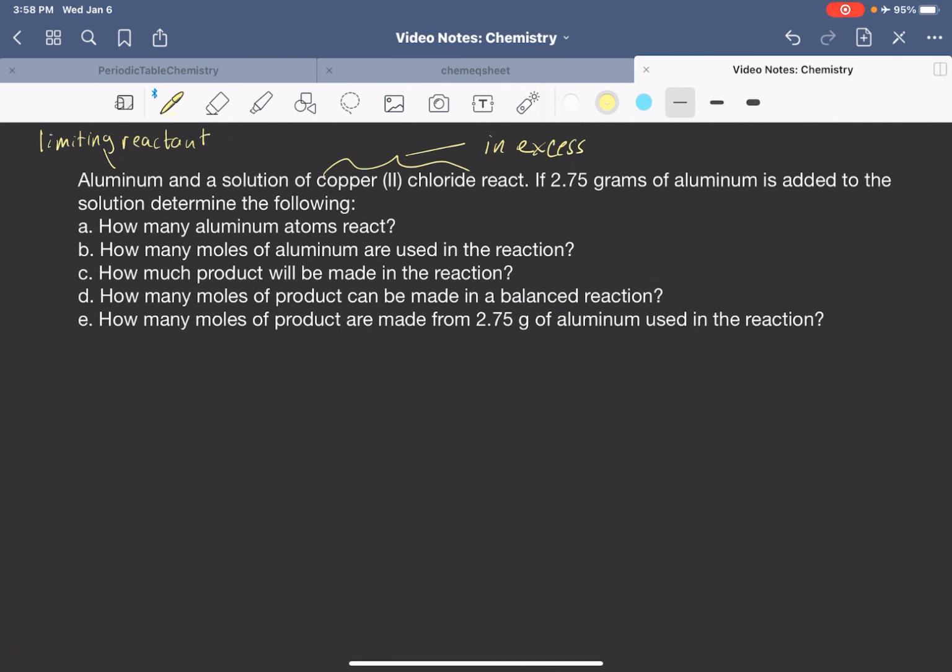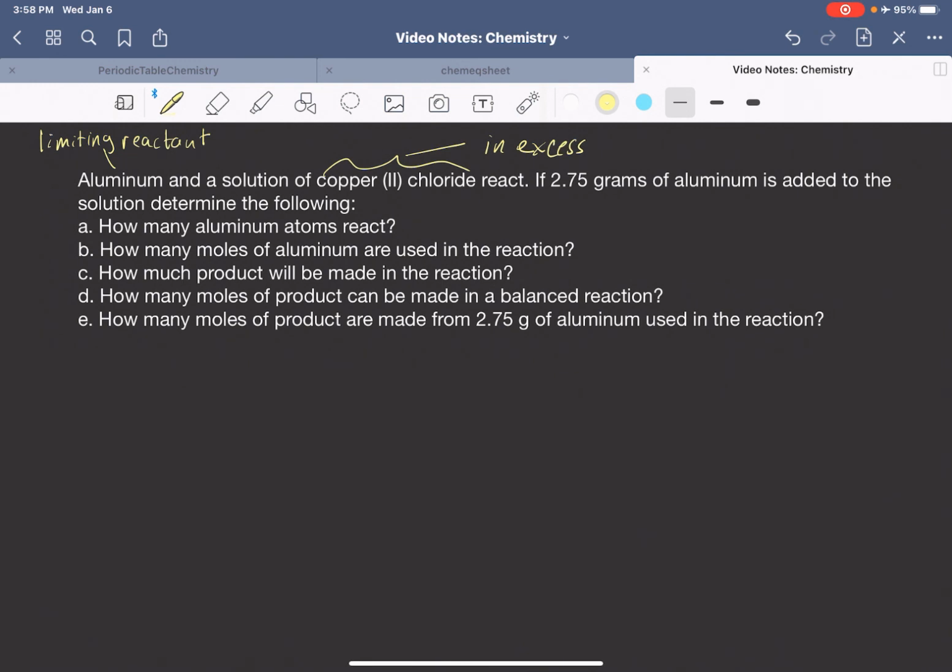But for now, it's very similar to, let's say you're baking cookies. If the recipe calls for 2 cups of flour and 1 bag of chocolate chips and all the other stuff that goes with it, and you can make 36 cookies, 3 dozen cookies, then that's great. Everything is used up.